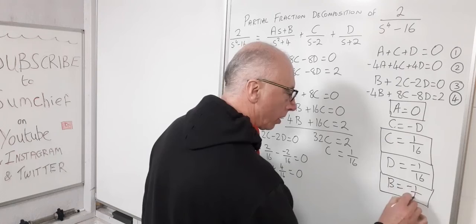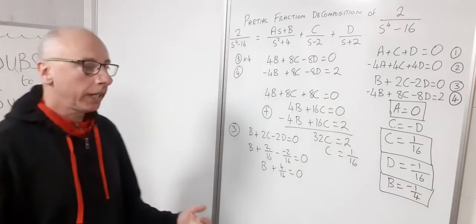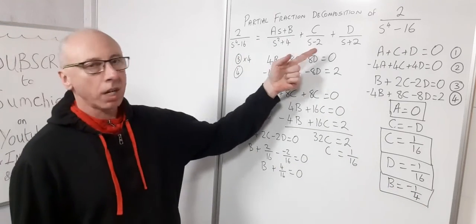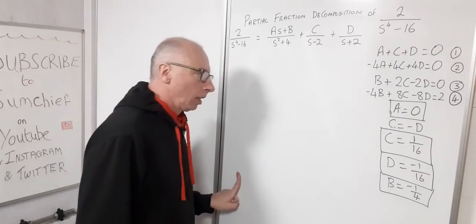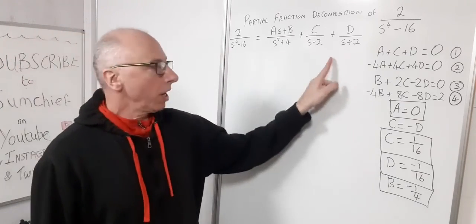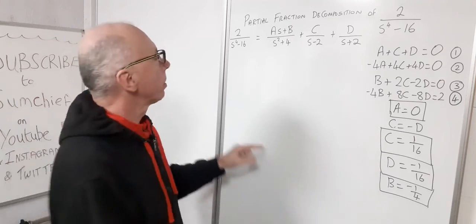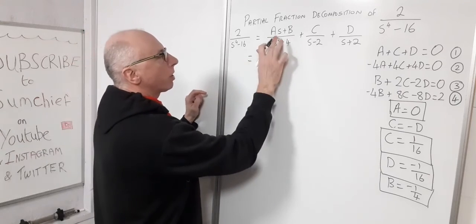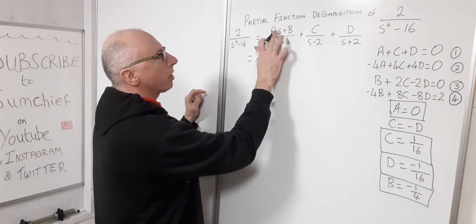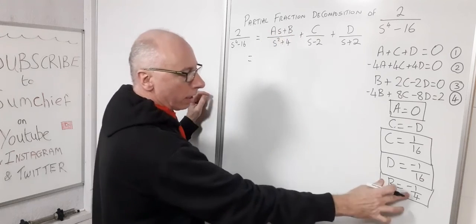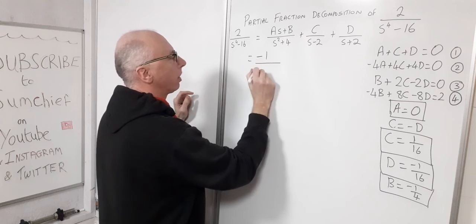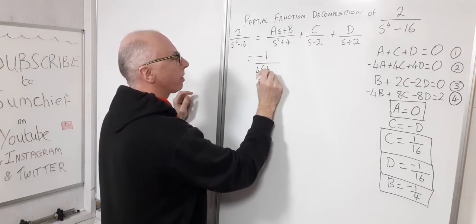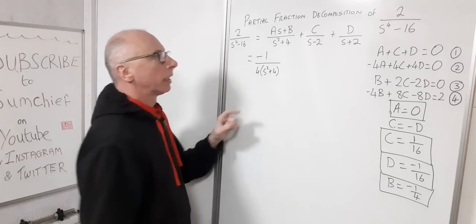Okay, let's take this off the board and rewrite our partial fraction decomposition in its complete form. So let's rewrite this with these coefficients. Then that equals a is 0, so that term disappears, but b is minus a quarter. So I've got minus 1 over 4 times s squared plus 4.